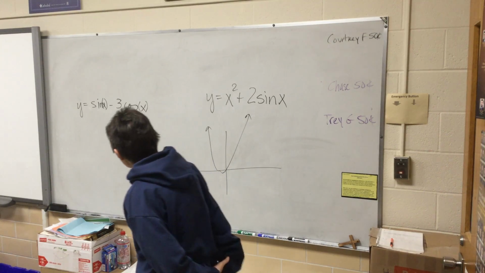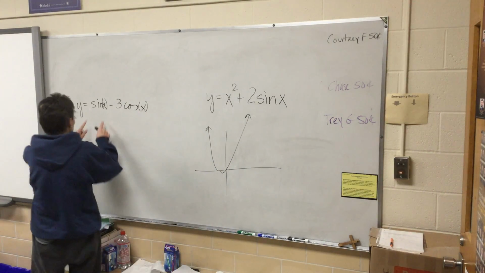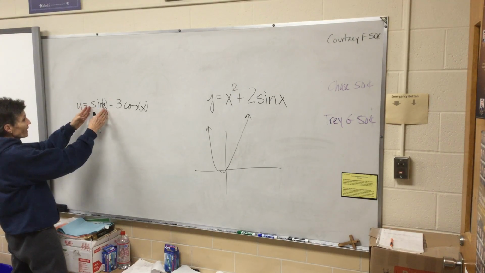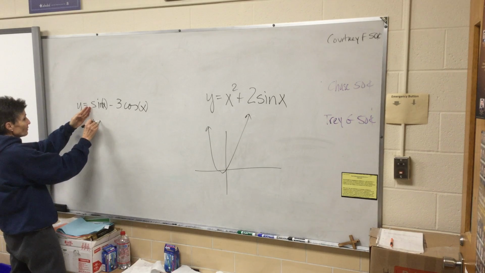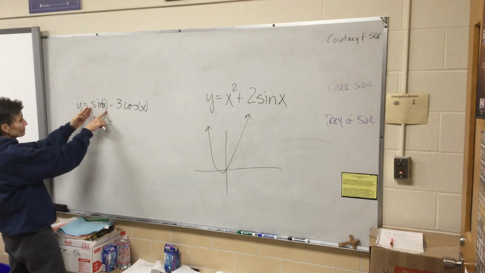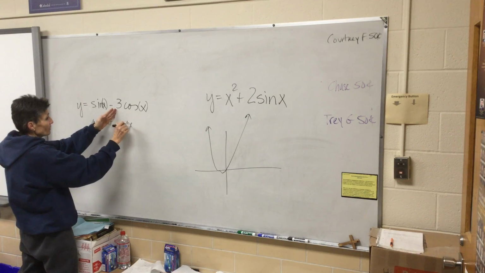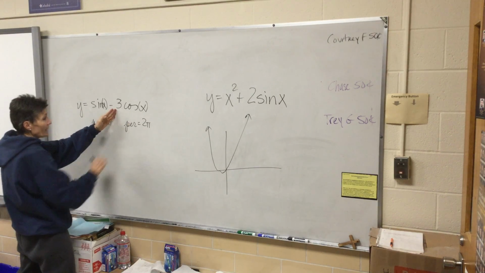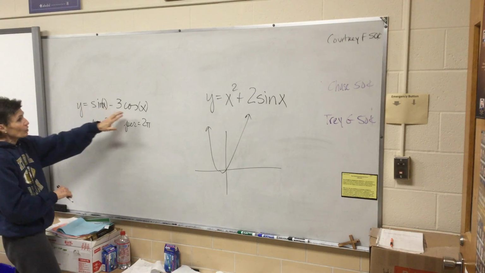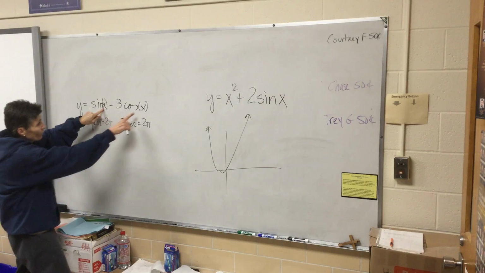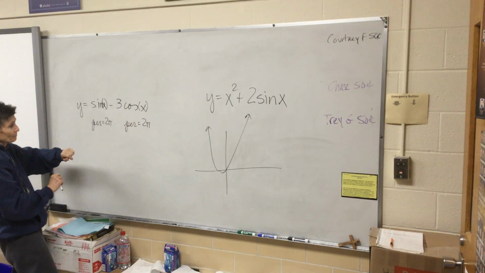If you combine two periodic functions, this is a periodic function. Its period is 2 pi. This is a periodic function. Its period is also 2 pi. Remember, sines and cosines have a period of 2 pi, unless we put a coefficient in here, which we didn't.